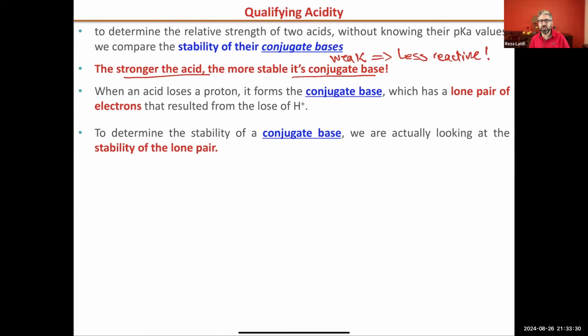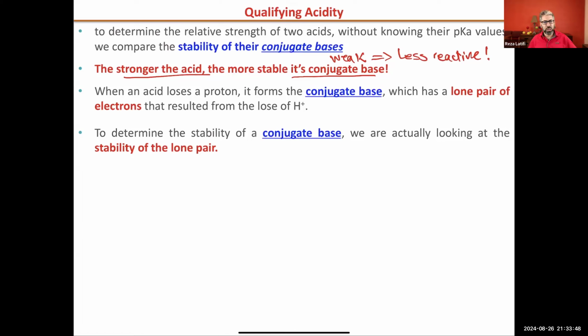Okay, less reactive, and that's good news. We want it to be less reactive. And if it's unstable, it means it's going to go after hydrogen. It will get hydrogen and go back to the starting compound.